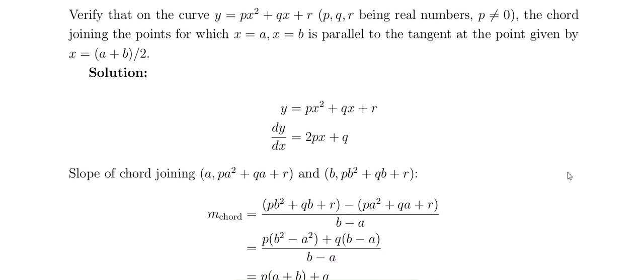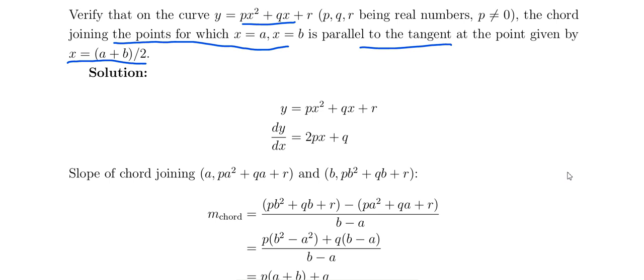Here, y equals some curve. The chord joining the points x equal to a and x equal to b is parallel to the tangent at the point given by x equal to a plus b by 2. Actually the tangent slope is dy by dx, that is 2px plus q.